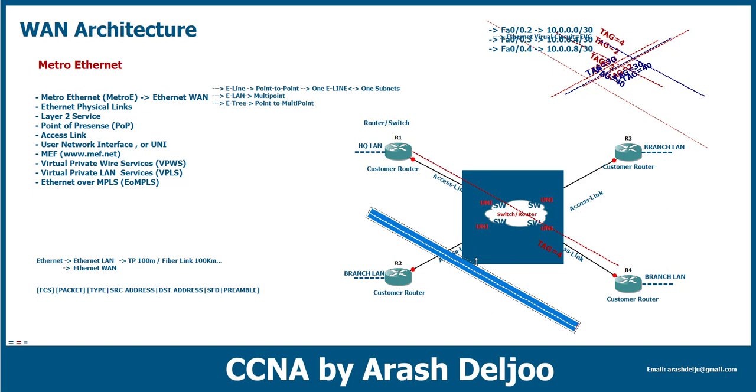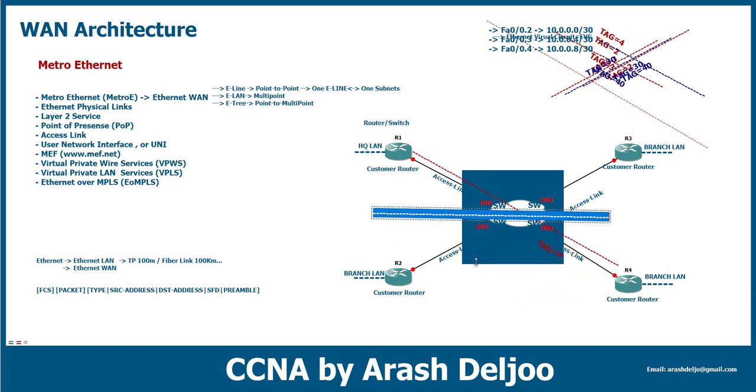Maybe you can consider this as one EVC with multiple heads. Assume that this is one EVC, not two EVCs. This is one EVC, and in this EVC we have multiple heads. That's it. If you want, you can create other logical topologies here.